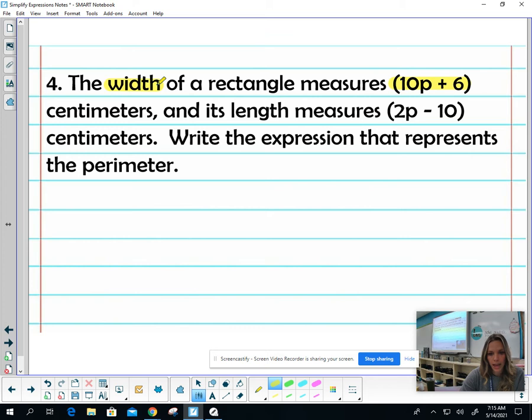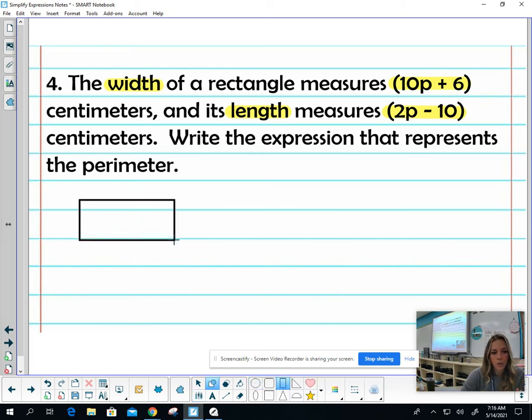Okay, that's an expression. We have variables and numbers. And its length measures 2p minus 10. Write the expression that represents the perimeter. As I'm running through vocabulary words in my head, I'm thinking perimeter. I know that is the outside.